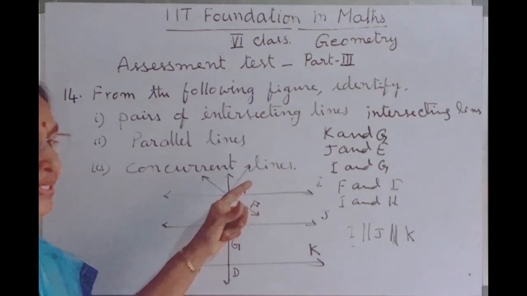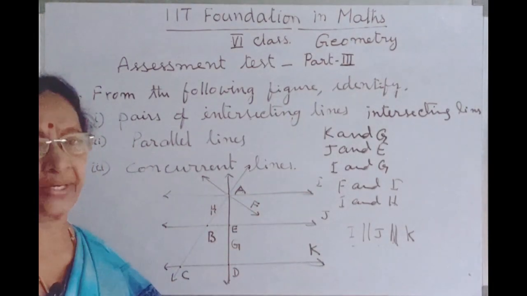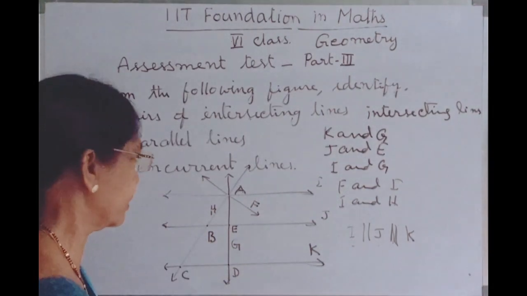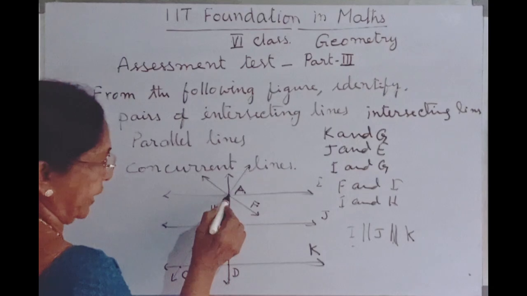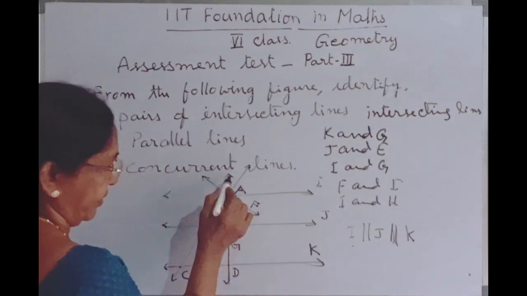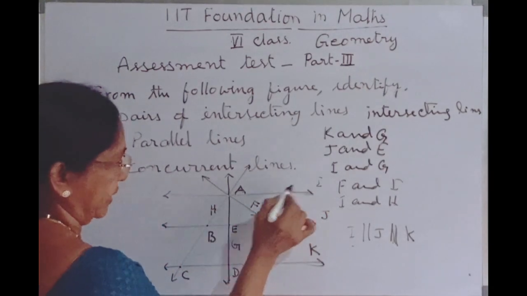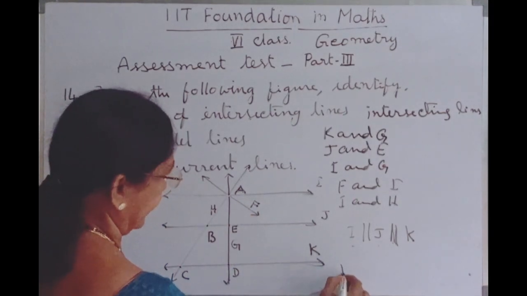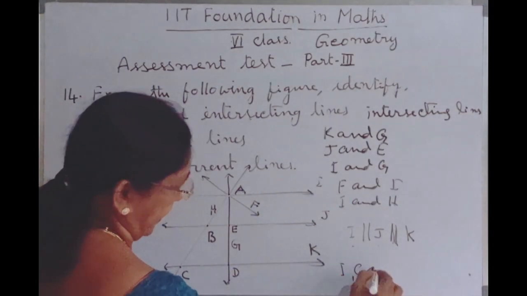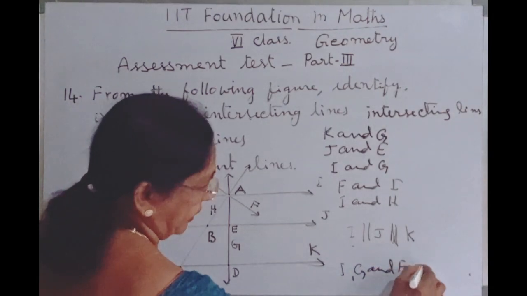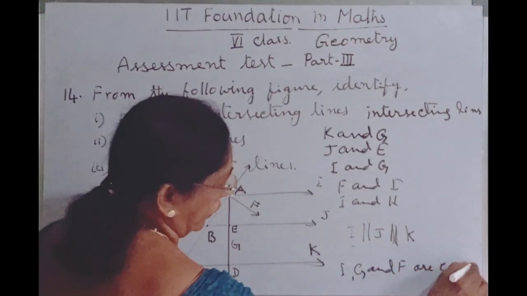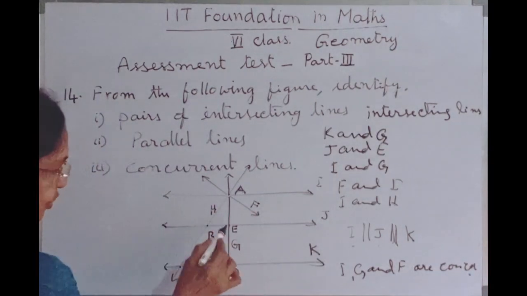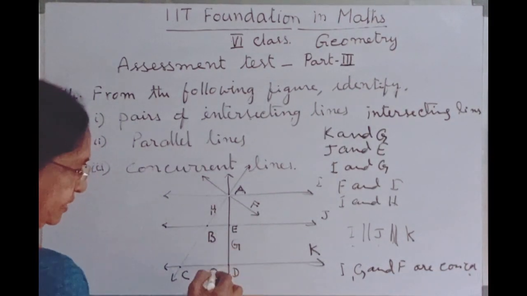Next, concurrent lines. If two or more lines are intersecting at a point, then those lines are said to be concurrent. So here lines F, G and I are intersecting at A. Therefore lines I, G and F are concurrent at A. So here also these two lines are intersecting and these two lines are intersecting.